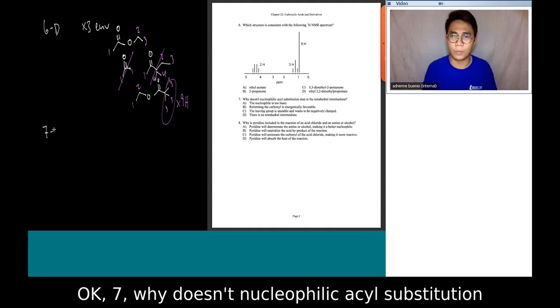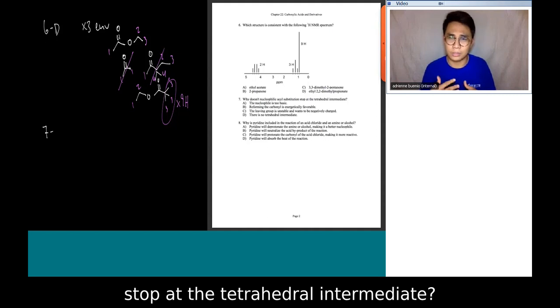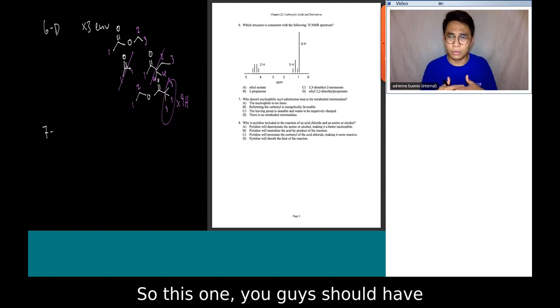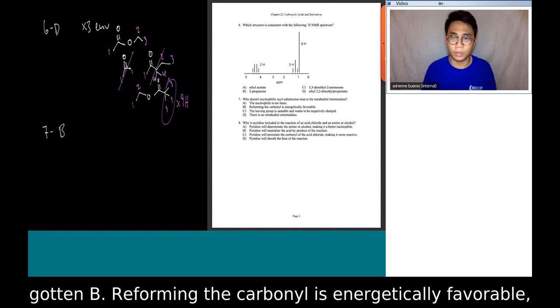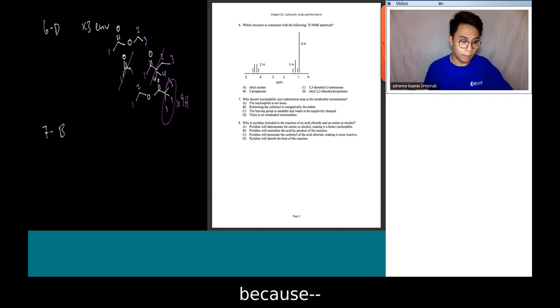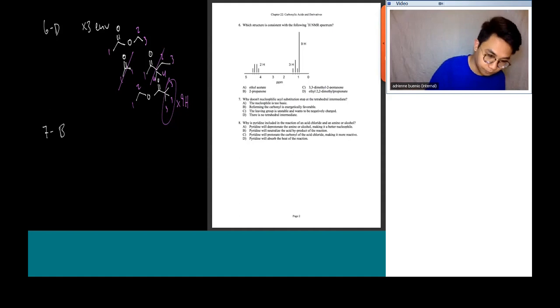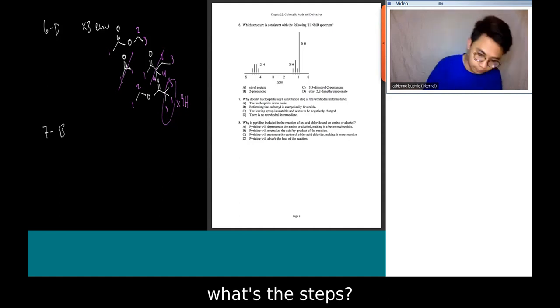Okay, 7. Why doesn't nucleophilic acyl substitution stop at the tetrahedral intermediate? You should have gotten B. Reforming the carbonyl is energetically favorable. What are the steps?